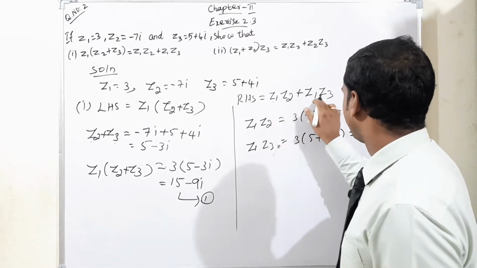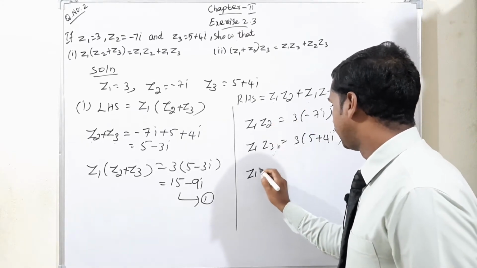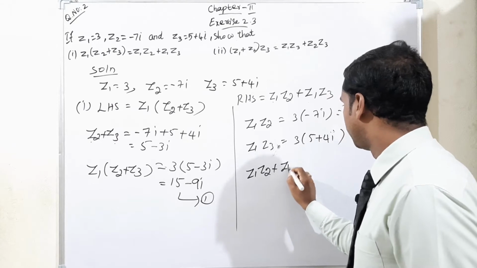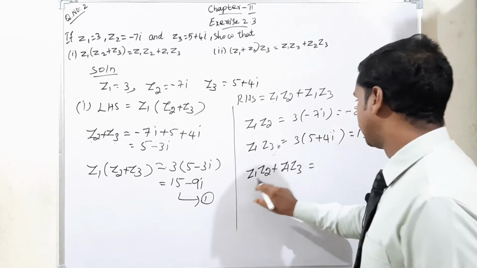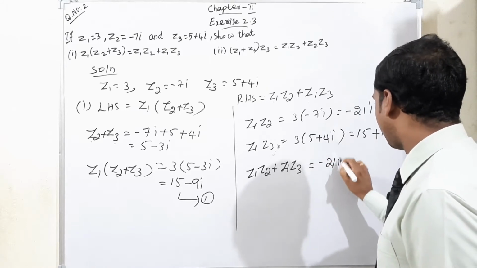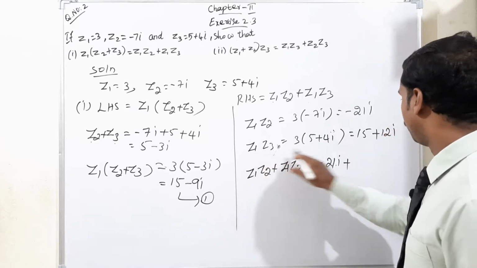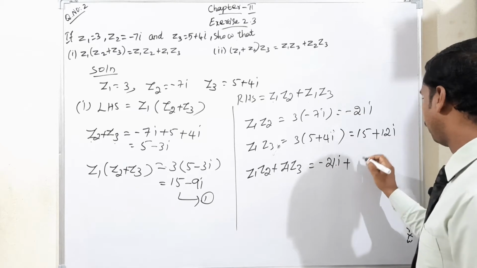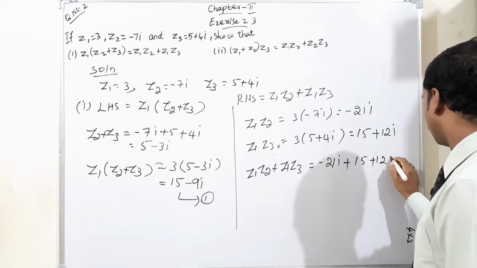So now both the terms we should add, isn't it? So what is the term? Z1 Z2 plus Z1 Z3 is equal to Z1 into Z2, what is the answer? Minus 21i, then plus Z1 into Z3, what is the value? 15 plus 12i.